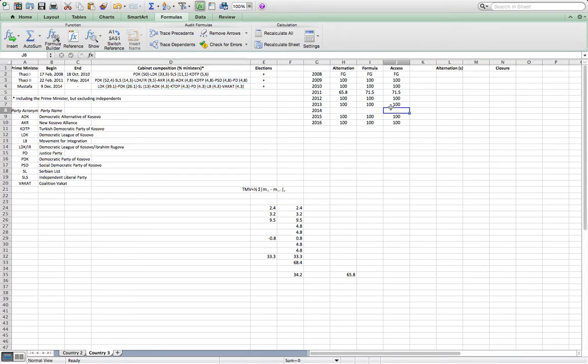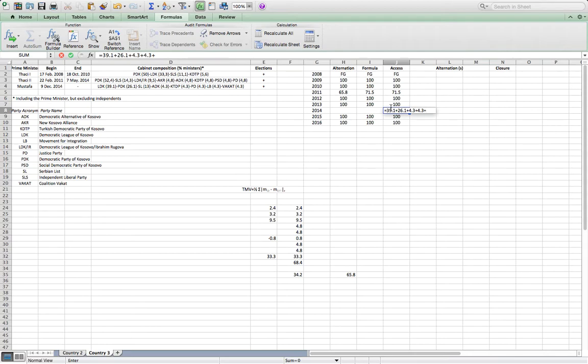So we have LDK 39.1, PDK 26.1, Serbian List no, Democratic Alternative of Kosovo yes, 5.3, the Turks, of course, they have always been in government, 4.3.